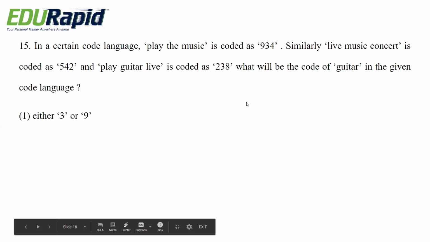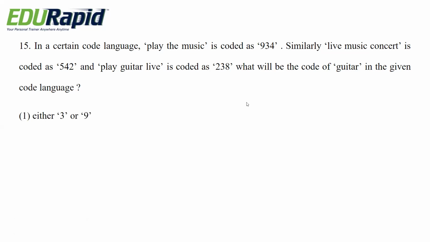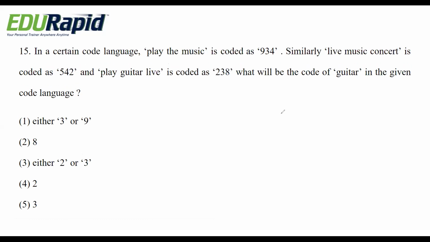Options are: first one, either 3 or 9; second option, 8; third option, either 2 or 3; fourth option, 2; fifth option, 3. Here also you need not write anything on pen and paper, just by comparing the terms you can answer. Here they are asking what is the code for guitar.